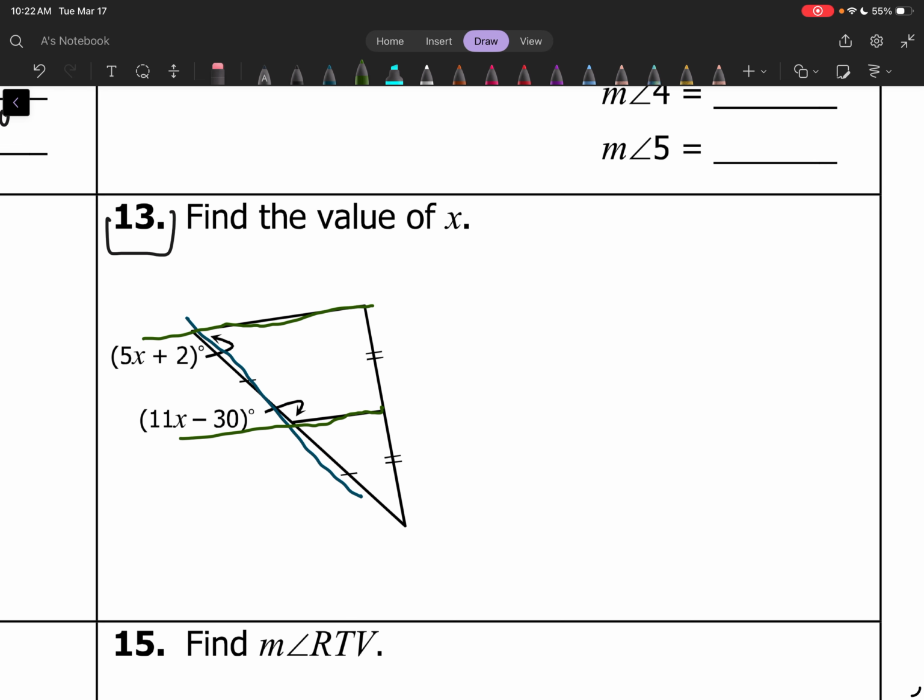So 11x minus 30 I can place in this top right corner for corresponding angles. And since 5x plus 2 is there, this is a linear pair. These sum to 180.